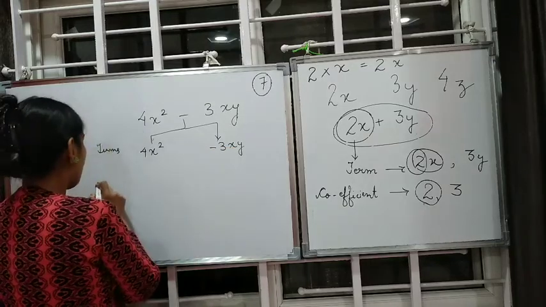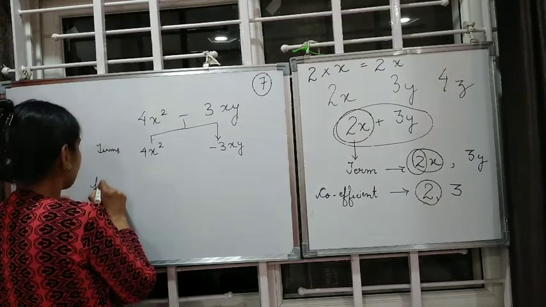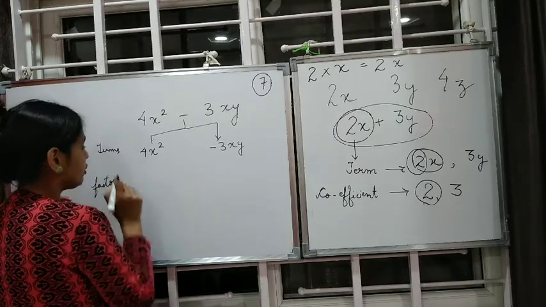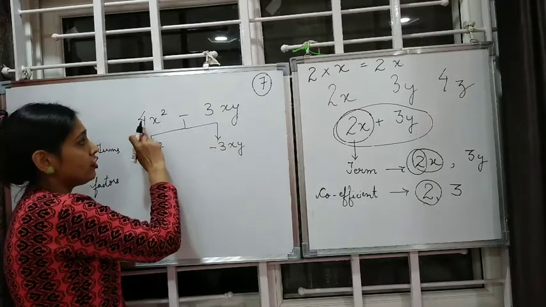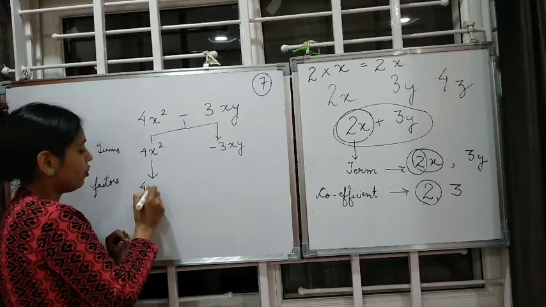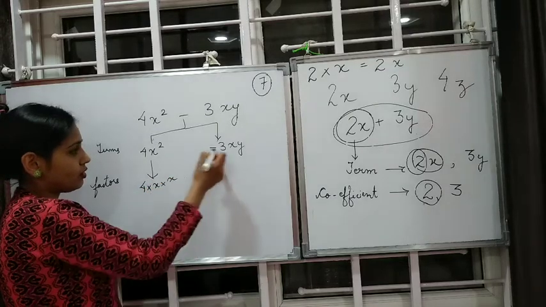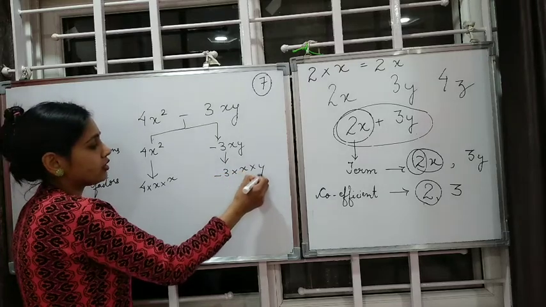Now what are the factors? Not the coefficient, we can give the factors, because if we talk about the coefficients, then it will be only the numerical value. So what are the factors here? 4 into x into x. What are the factors here? Minus 3 into x into y.